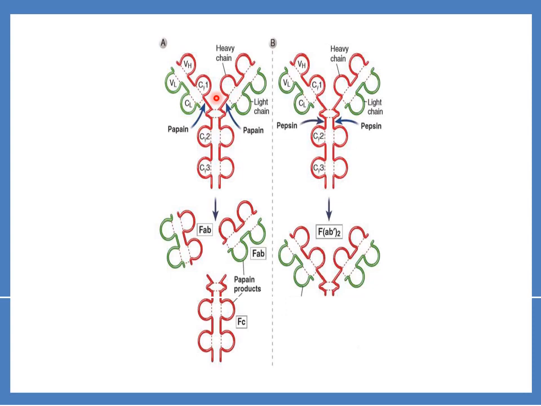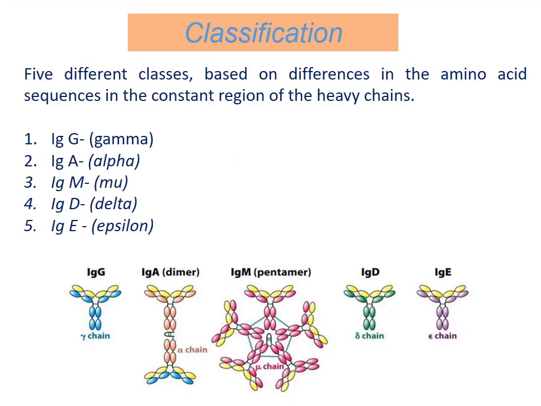Papain cleaves here, so it produces 2 FAB, each monovalent, and FC, whereas pepsin digestion produces F(ab')2, which is divalent, and the FC portion is cleaved into numerous peptides, so it cannot be reconstituted or crystallized.